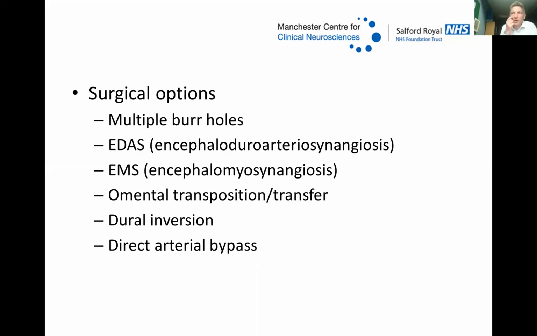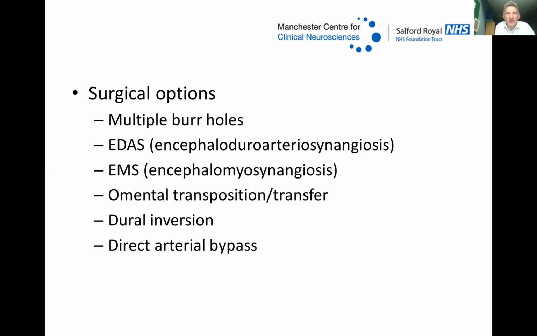So that would include multiple burr holes. Some of these aren't used as much nowadays, but in the past people have used multiple burr holes, EDAS, where you suture an STA vessel to the cortical surface. You can do some of these in combination, so you can invert the dura as well, doing a stellate durotomy and inverting it.